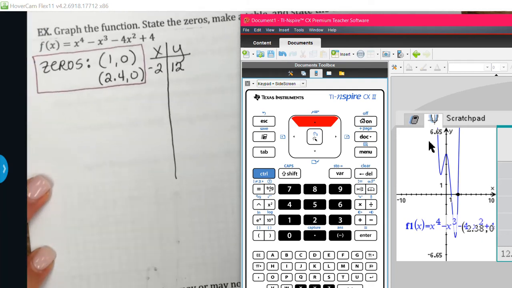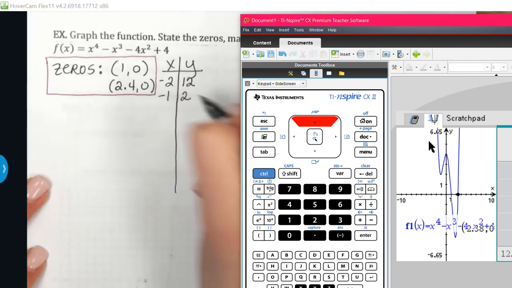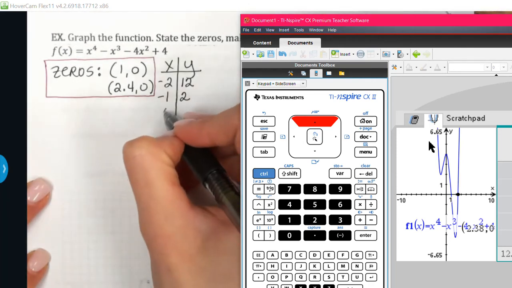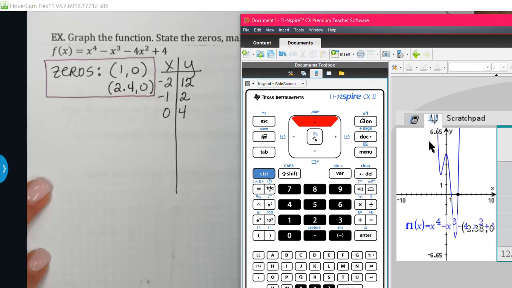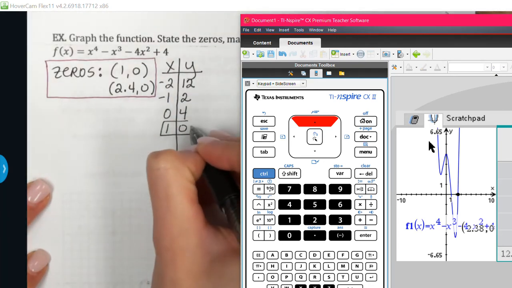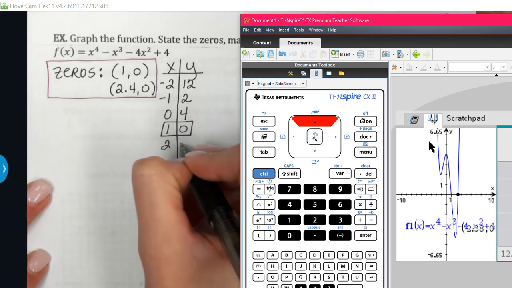Then I'm going to have negative 1, 2. 0, 4. And then I've got 1, 0, which is my zero. I have 2, negative 4.